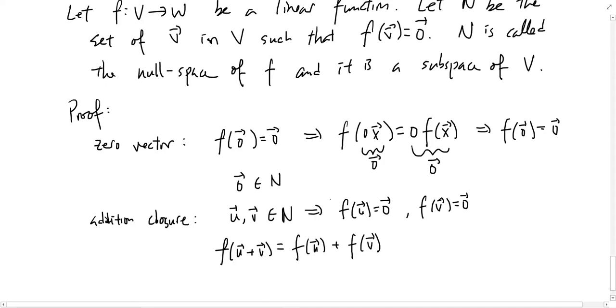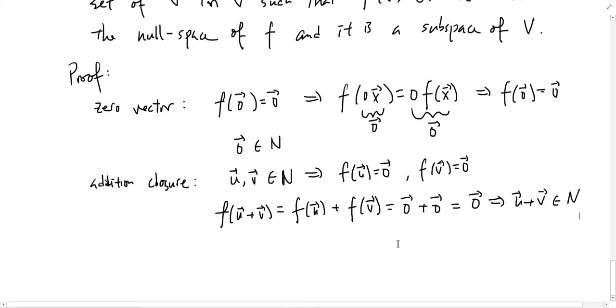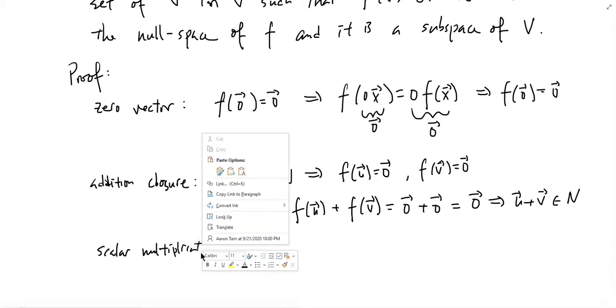And since we already know that f of vector u is 0 and f of vector v is 0, the sum of the 0 vector plus the 0 vector must be 0, and therefore vector u plus v must also be in N. And so we can probably already figure out how to write out the proof for scalar multiplication closure, because it's basically the same concept.